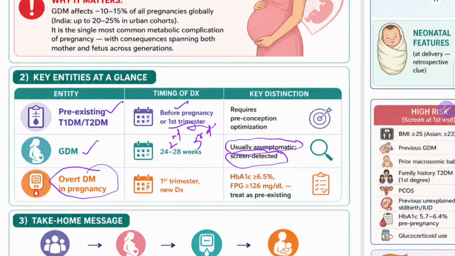Symptomatic diabetes mellitus in pregnancy is usually detected in the first trimester or as a new diagnosis. HbA1c of the lady will be more than or equal to 6.5%. Fasting plasma glucose will be more than or equal to 126 mg per deciliter. These should be treated as pre-existing because this is diagnosed in the first trimester of pregnancy. That is the take home message.